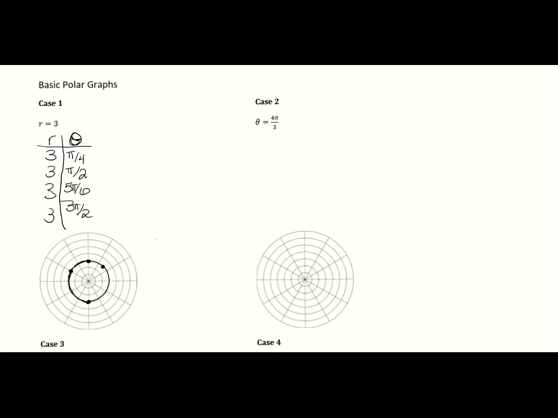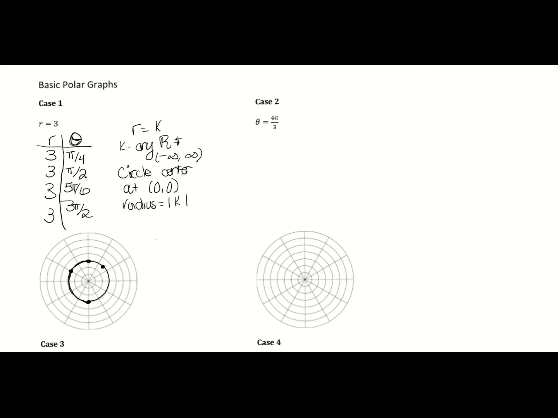So let's generalize this. When we have r is equal to, say, k, where k is any real number, so anything from negative infinity to infinity, it's going to be a circle with the center at 0, 0, where the radius is the absolute value of k.